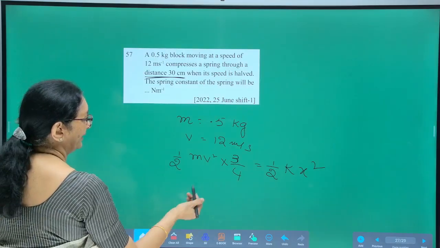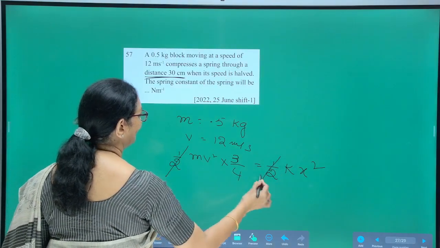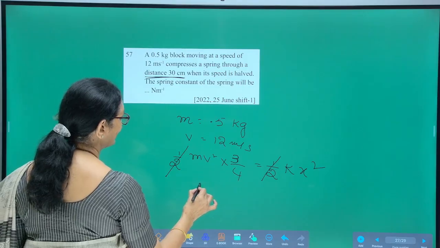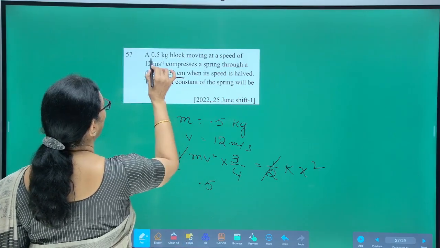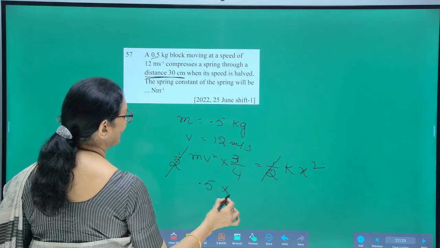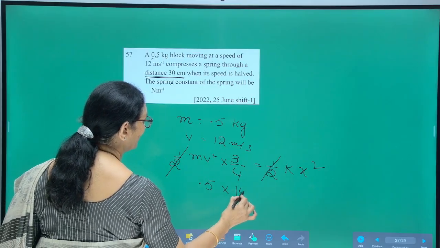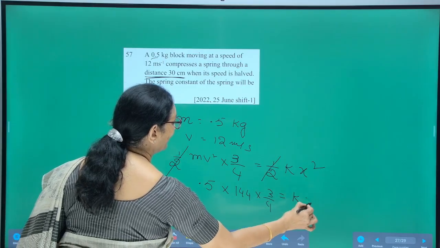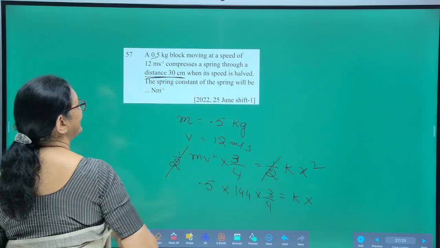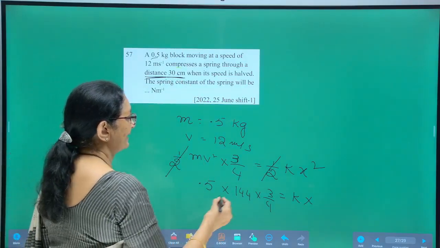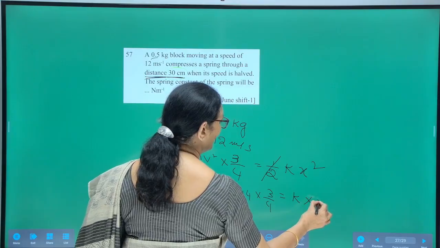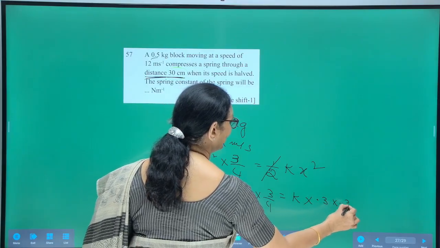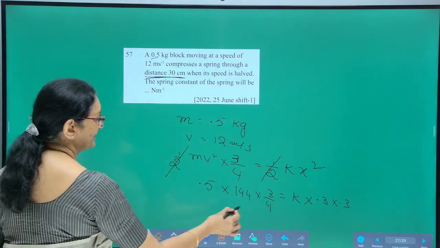Okay, so here if you just substitute, the half gets cancelled, mass is given as 0.5 kg, velocity is given as 12, 12 square is 144, into 3 by 4. This is equal to the spring energy, half K into the distance. It compresses the spring through a distance of 30 centimeters, that is 0.3 into 0.3.